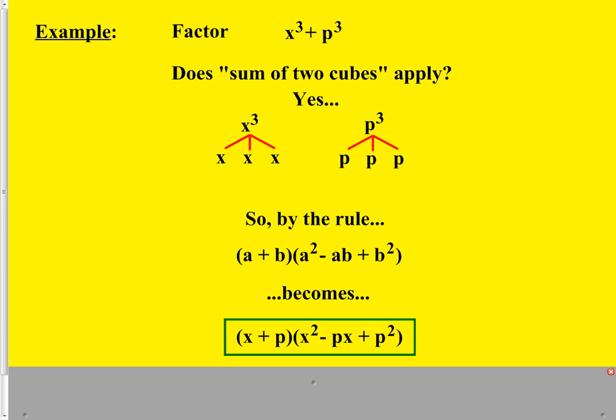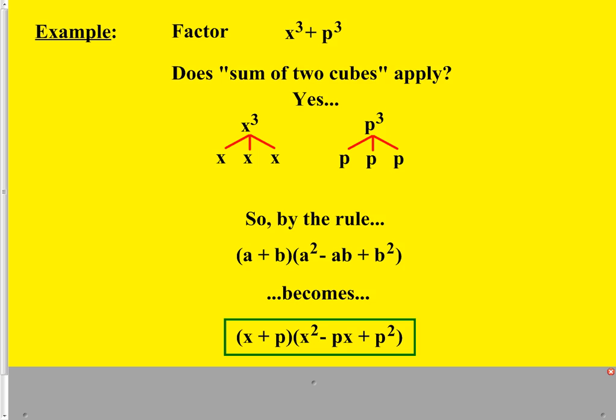For example, if x or p had been some kind of a number, then we might be squaring those numbers before we finish this problem. Or if p and x had both been numbers of some kind, then in that center term on the trinomial, we would have some multiplication to do. In this case, it turned out to be simplified right off the bat, so we don't have anything else to do. That is our answer.